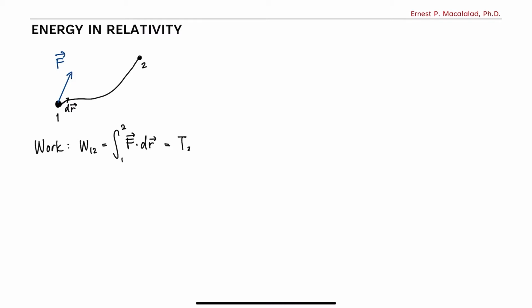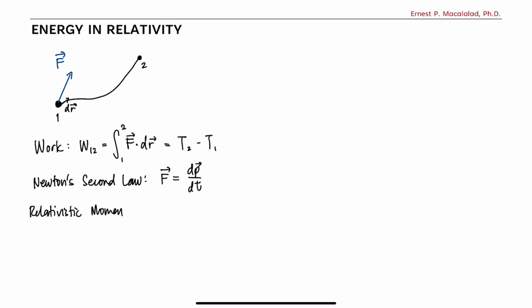So let's recall classically that the net work done on a particle by a force F from point 1 to point 2 is given by the integral of F dot dr from point 1 to point 2, and this is equal to T2 minus T1, where F is the force exerted on the particle, dr is the infinitesimal displacement made by the particle from point 1 to point 2, and T1 and T2 are the kinetic energies of the particle at points 1 and 2. And Newton's second law of motion is given by F equals the derivative of the momentum with respect to time.